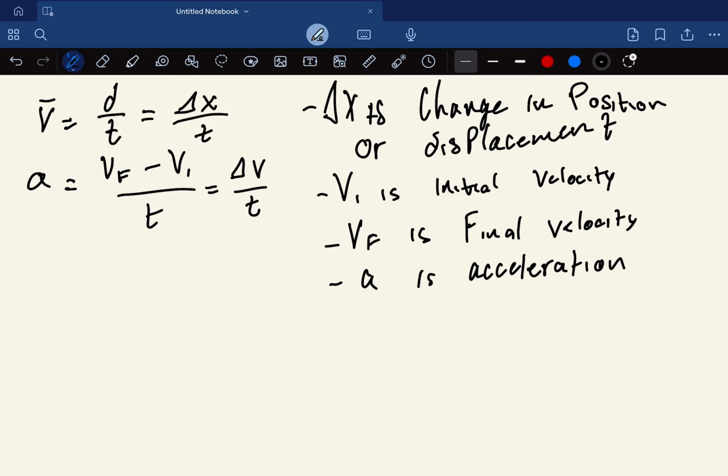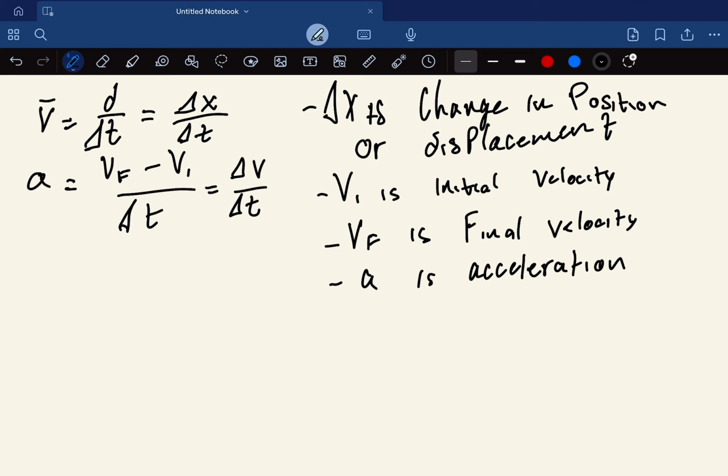So velocity is to position what acceleration is to velocity. Acceleration is the rate of change of velocity. And this should also be delta t's, all these.